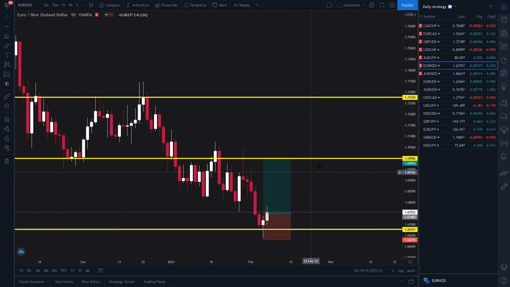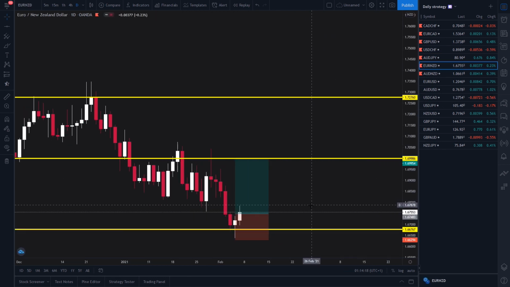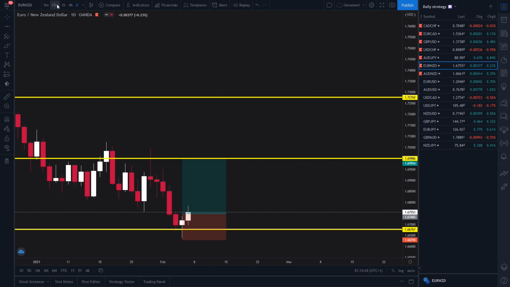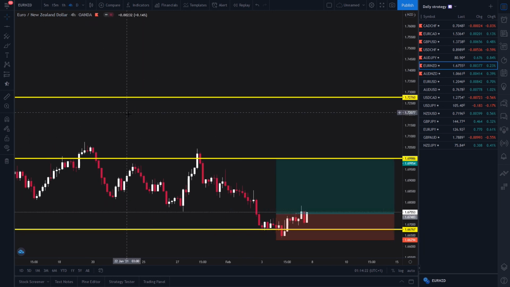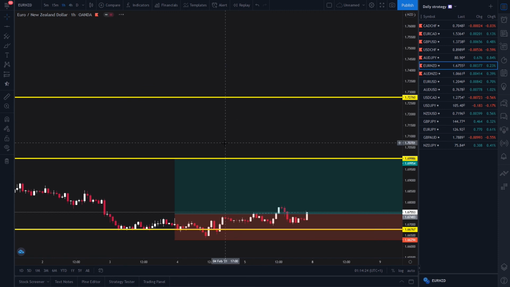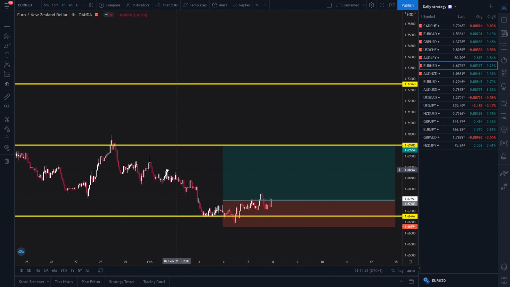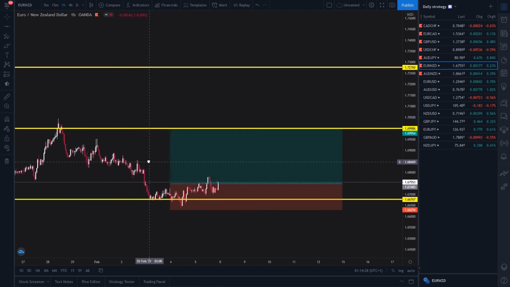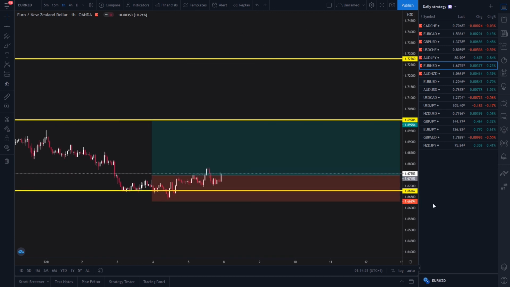And Euro New Zealand dollar was already pushing, and it was for lower time frames, so you can trade it on 4 and 1 hour, and you will be looking for buy positions in here.